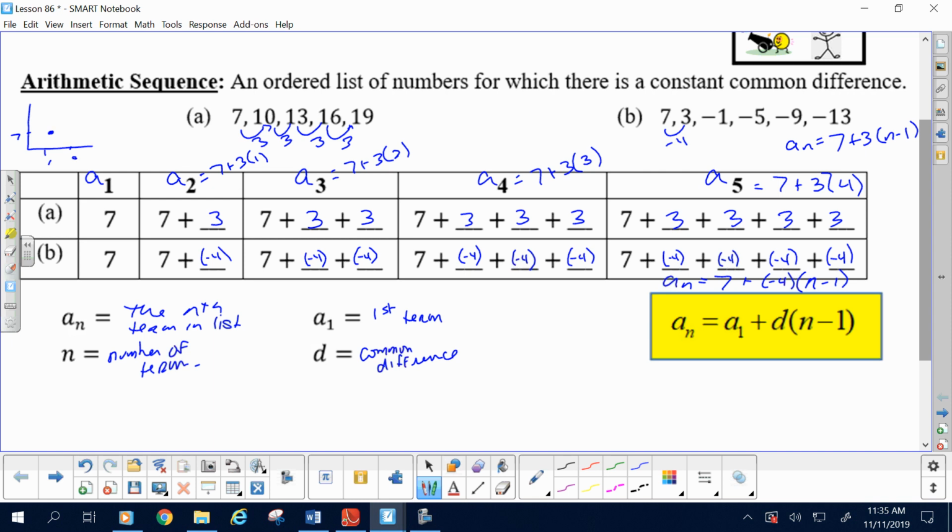The second term is 10. We went up 3. The third term is 13. We went up 3. The fourth term is 16. We went up 3. What kind of pattern is it? Yeah, arithmetic is linear.